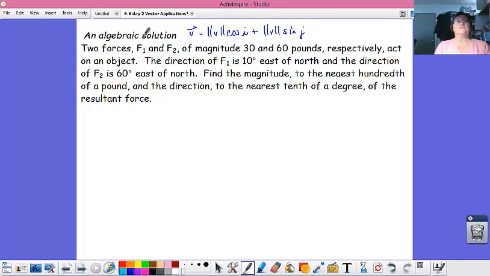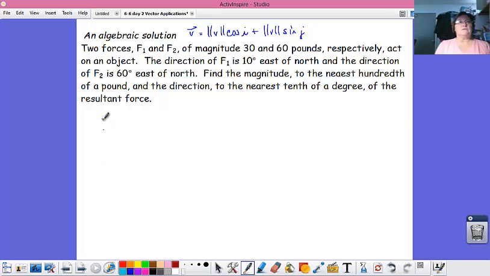We have two forces, force 1 and force 2, whose magnitudes are 30 and 60 pounds respectively. So force 1 is 30 pounds and force 2 is 60. They're acting on an object. The direction of force 1 is 10 degrees east of north, and the direction of force 2 is 60 degrees east of north. We're to find the magnitude and the direction of the resultant force.